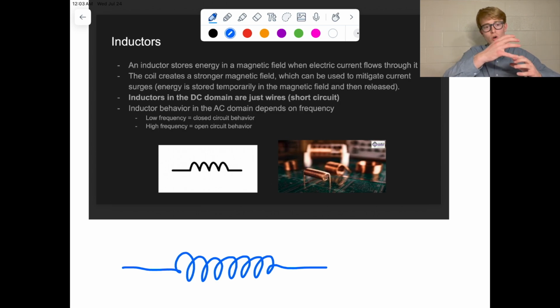So let's say I have more current suddenly flowing through my inductor. Well, then my magnetic field gets stronger and it starts to expand, right? Now, when that happens, I have a magnetic field that's changing in time. Well, that is going to induce a potential difference across the length of my inductor. So it will induce different potentials across the length of my inductor as that magnetic field is growing stronger.